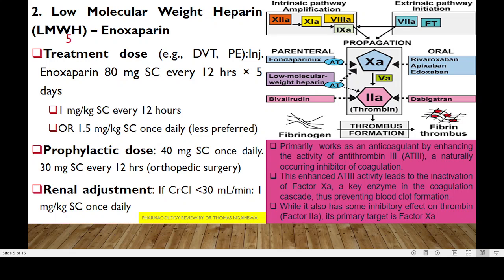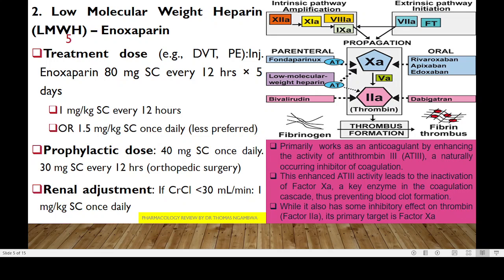Or you can give 1.5 milligrams per kg subcutaneous once daily, but this is less preferred. For prophylactic dose, you normally give 40 mg subcutaneous once daily, or 30 milligrams subcutaneous every 12 hours for orthopedic surgery. If the creatinine clearance is less than 30 mL per minute, you normally give 1 mg per kg subcutaneous once daily.